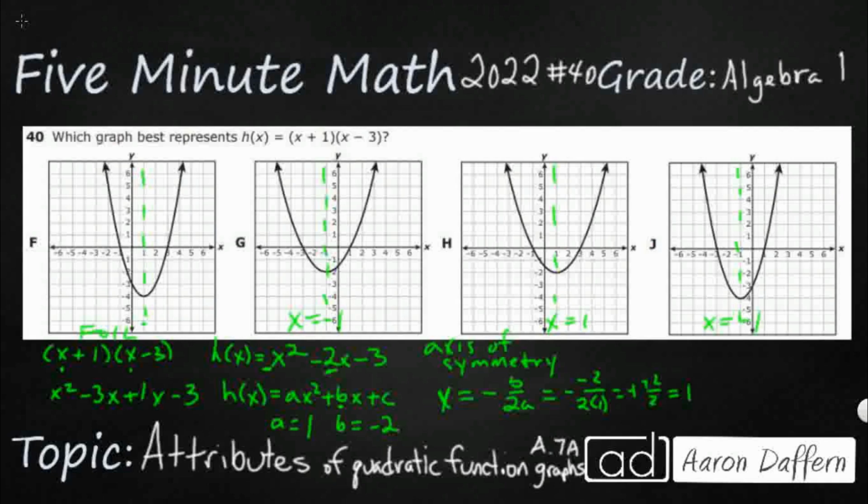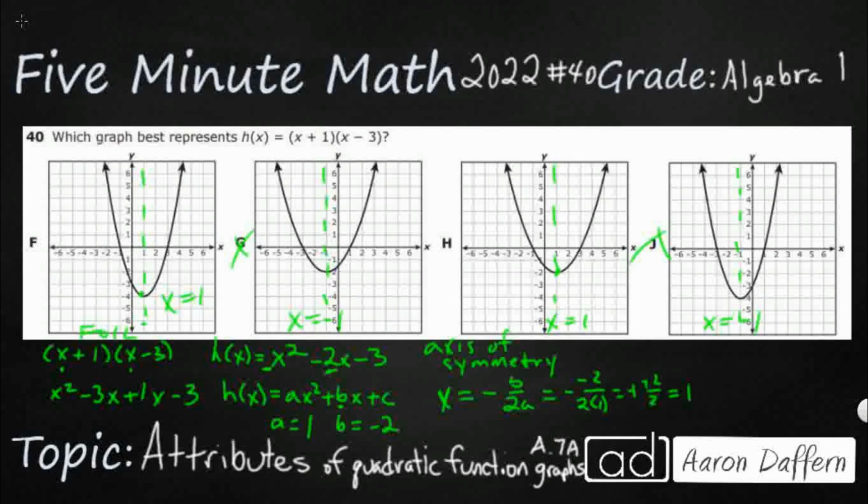All right, so I can get rid of J, get rid of G. But I've got two different ones here, H and F, that could possibly work. But you notice their y values are different for the vertex. I really need to dig into that vertex. Well, I'm just going to plug this x equals 1 back into this original equation, right?